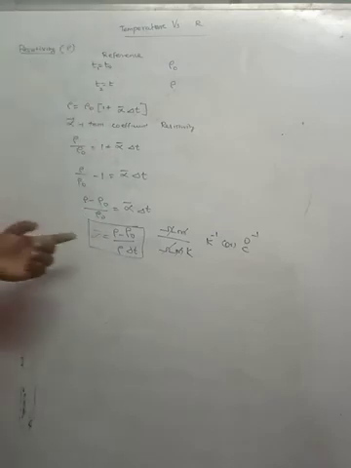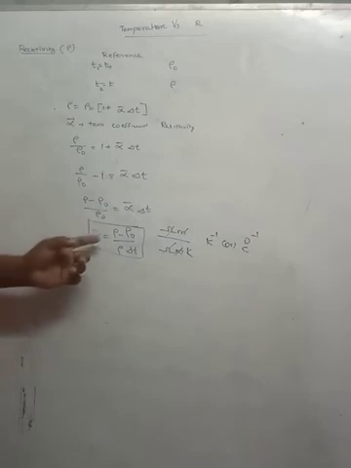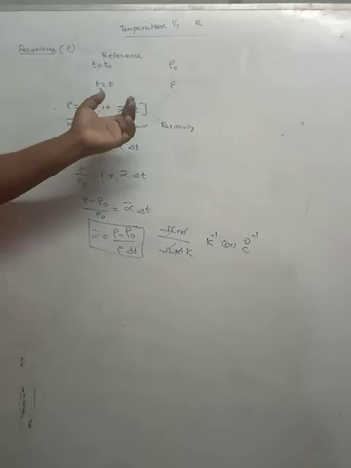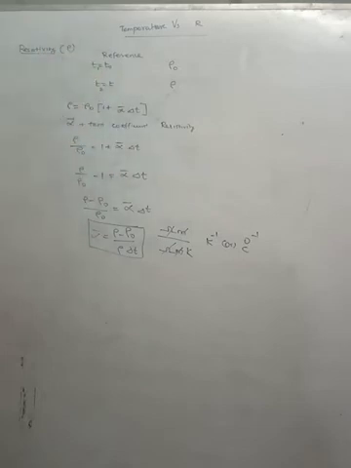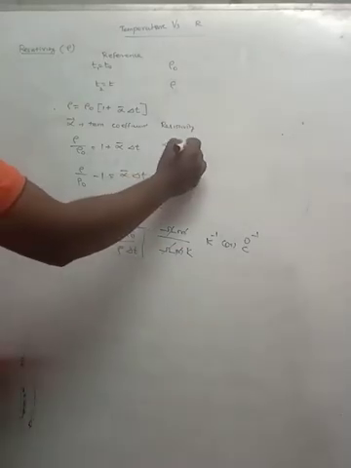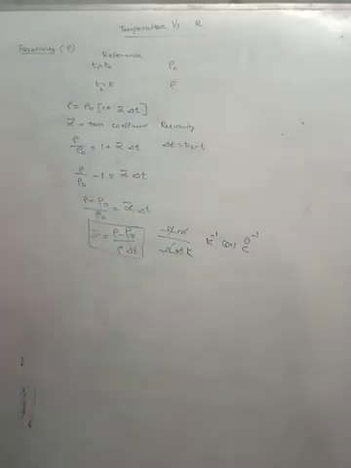When the temperature increases, what will happen to the resistivity? Automatically the resistivity also increases. Here delta T means nothing but T2 minus T1, the change in temperature: final temperature minus original temperature.